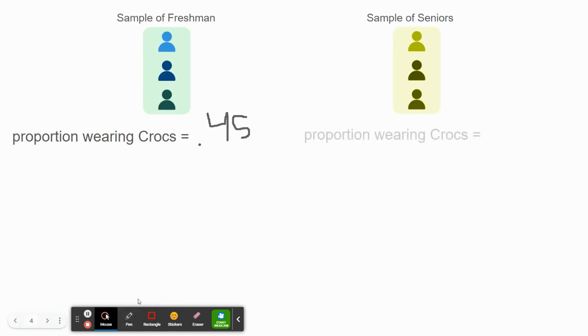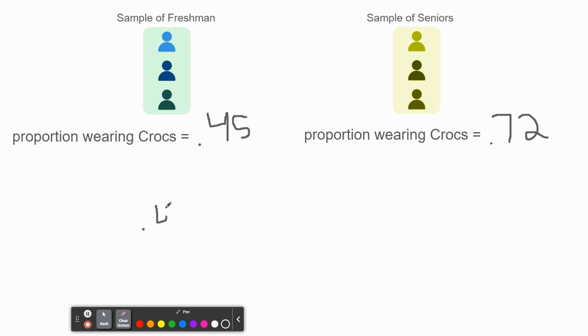And I'm also going to calculate the proportion of students wearing Crocs in my new senior sample. So let's say this time it was 0.72. So now I'll calculate the difference in those proportions. So 45% of my freshman sample was wearing Crocs, 72% of my senior sample was wearing Crocs. So that is a difference of negative 0.27.